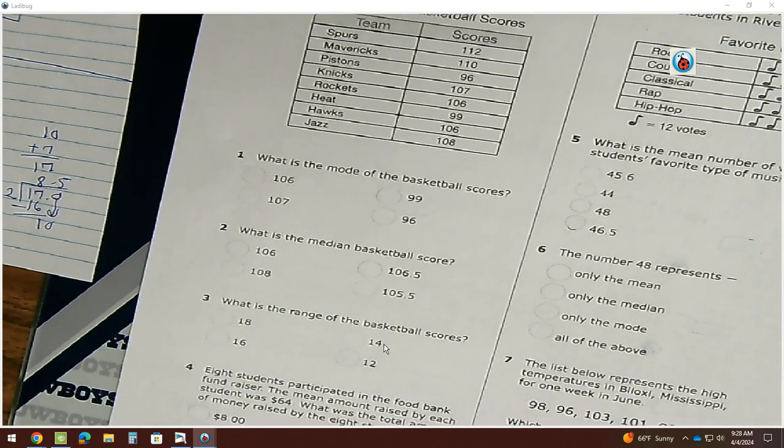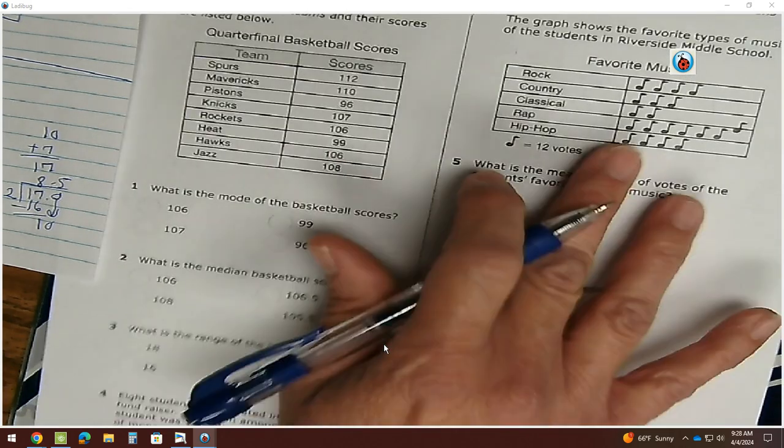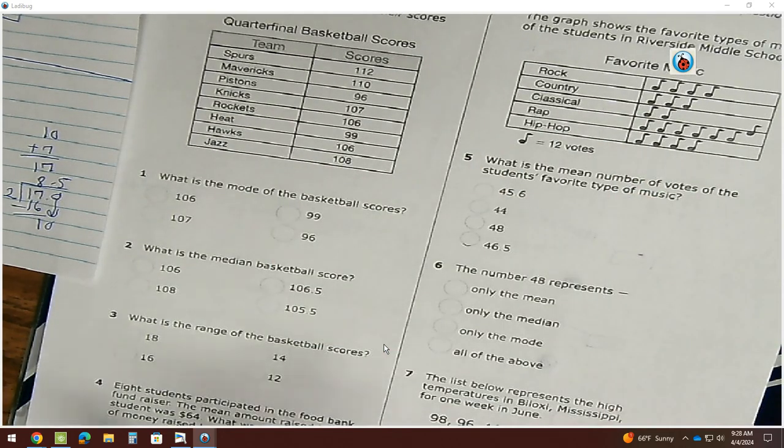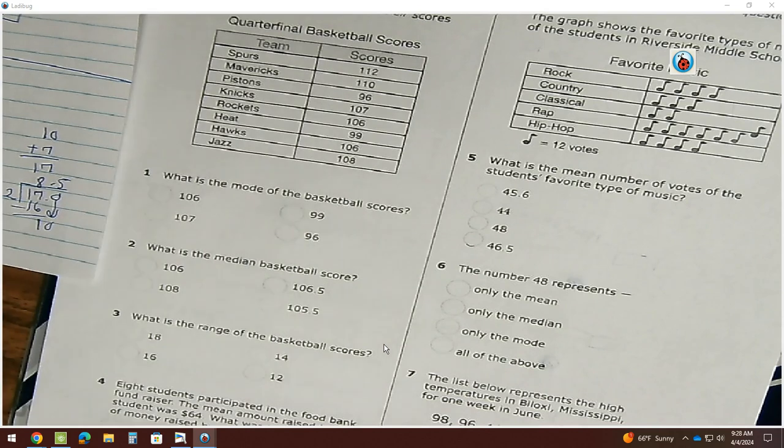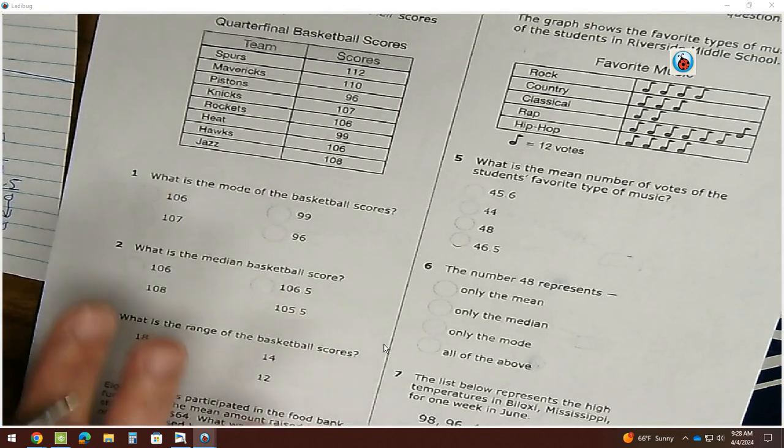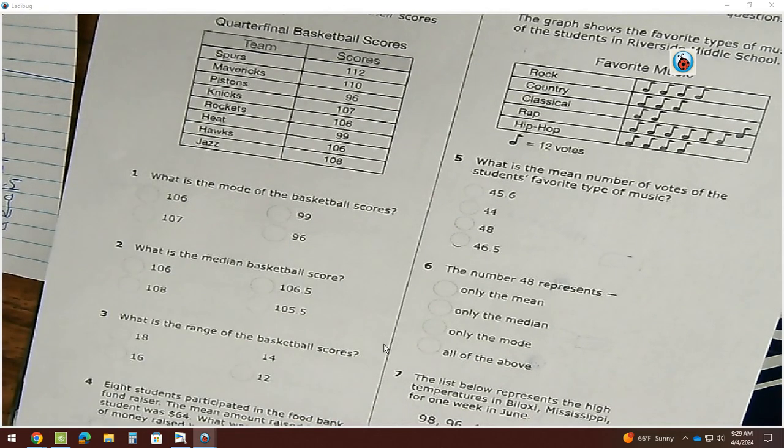How many questions are there? 8. I'm going to do the notes, the musical notes, and you'll take care of this at home. The scores of basketball teams. Okay. I'm upset with this book because they didn't put the best team there, the Lakers.